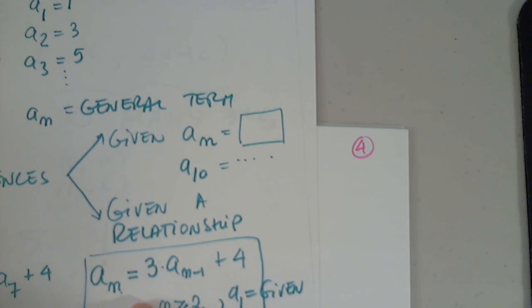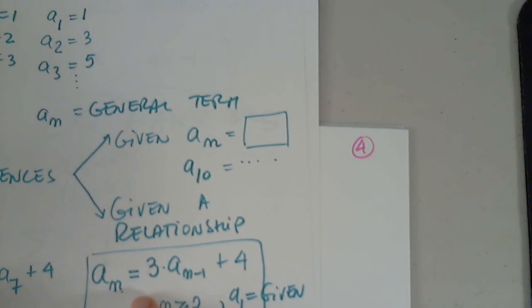We just want to find terms given the general term and given a relationship. It's called the recursive relationship. If my system ever opens up.